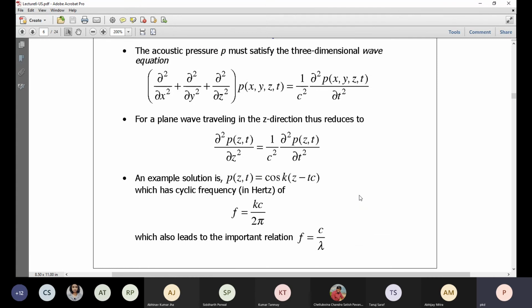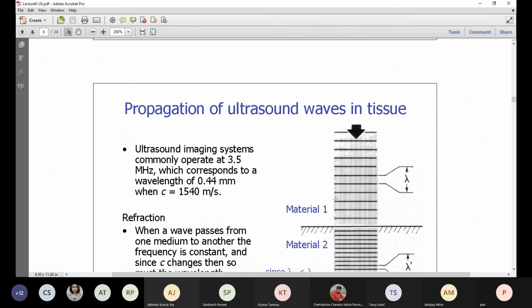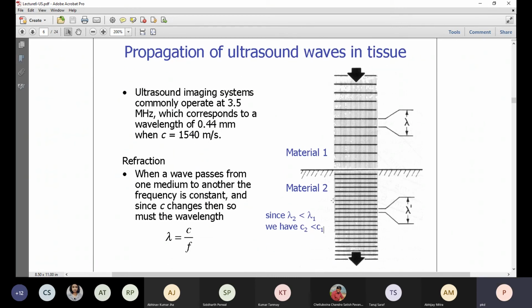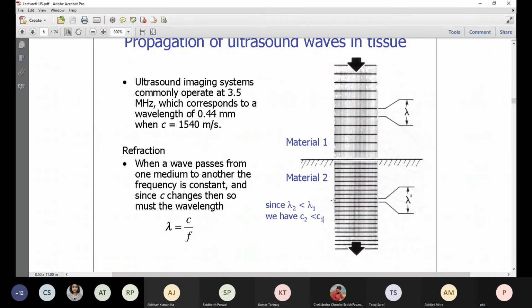So here is the wave equation that we have discussed in one dimension. This is the wave equation given here in 3 dimensions, but the basic equation is the same: del squared p is equal to 1 by c squared times del squared p by del t squared.